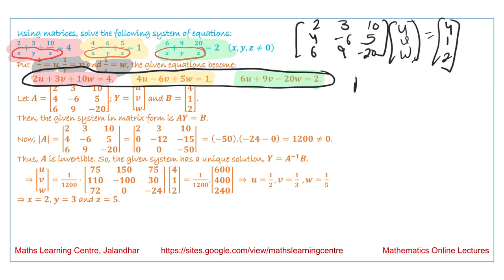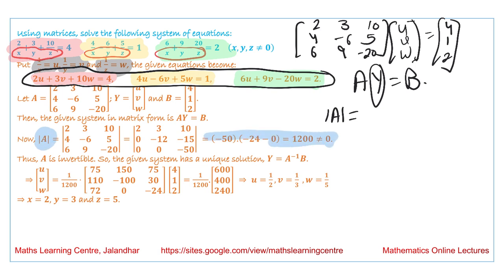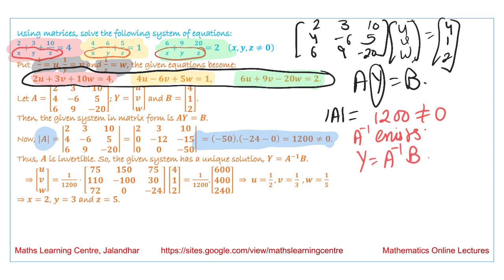So basically we have written it in the form AY is equal to B, where we have to evaluate the value of Y. Now if we calculate the determinant of A, the calculations are shown over here, the answer we obtain is 1200, and it is not equal to 0. So we say A inverse exists, and the value of Y is equal to A inverse of B.